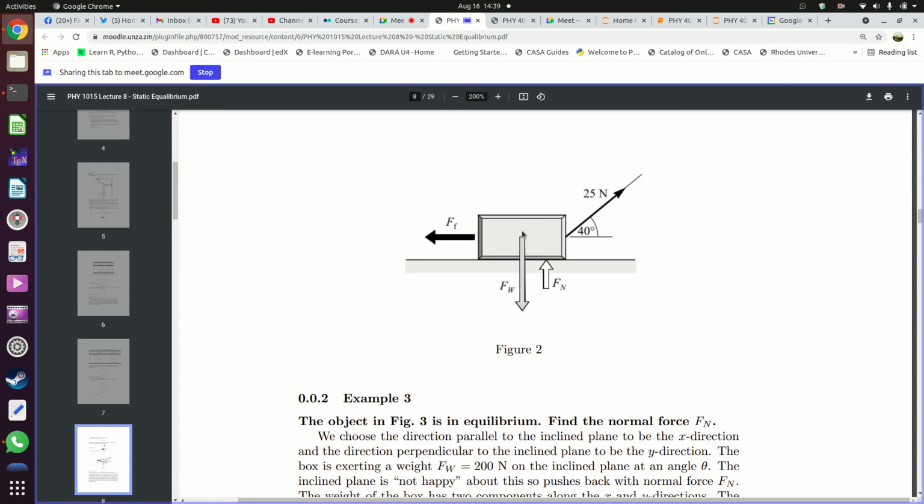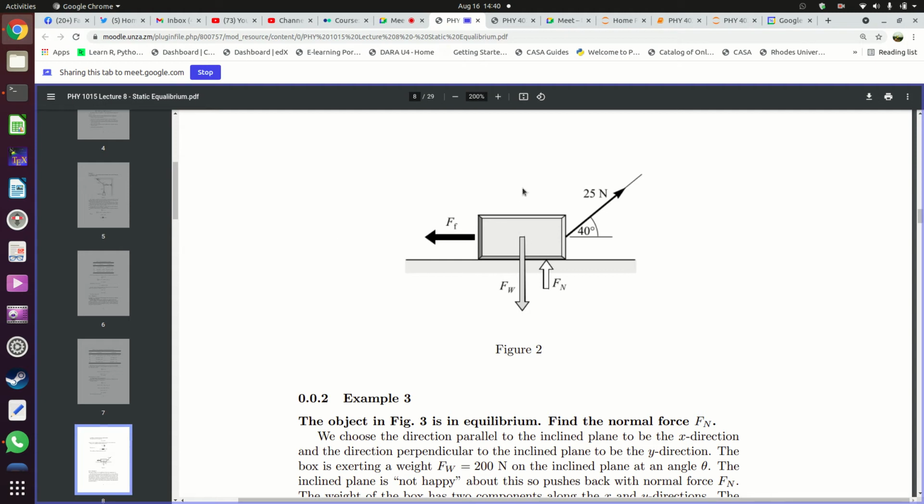Then of course this object is exerting a weight on this floor, and the floor is not happy, so the floor is pushing back against the box with the normal force. Now in this particular case, again, it is up to you to choose which direction is which. If I say this side is going to be the x-axis, then this side is going to be the negative x-axis.